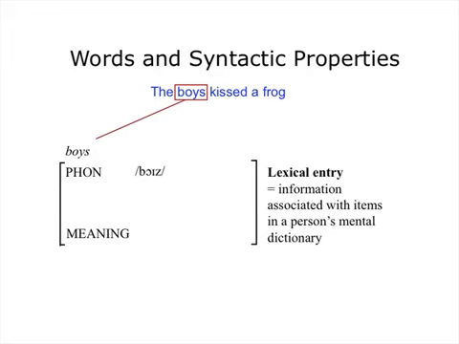But we need more. So we know there's going to be a representation of the phonemes. Then from that representation, the phonological rules can apply, and that's one part of the processing that goes on. And then we're also going to have the meaning, and that's going to be in these kinds of matrices.